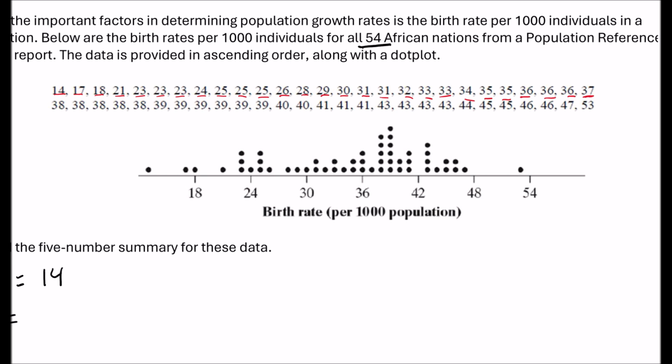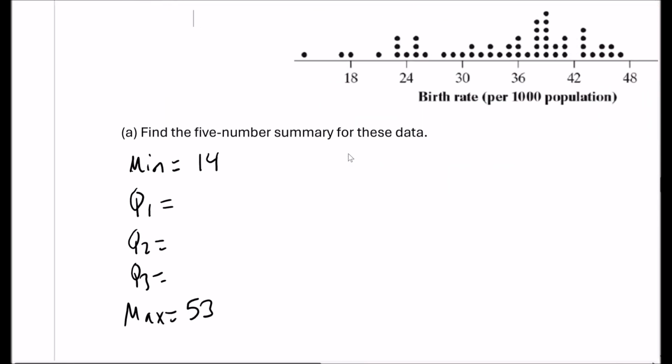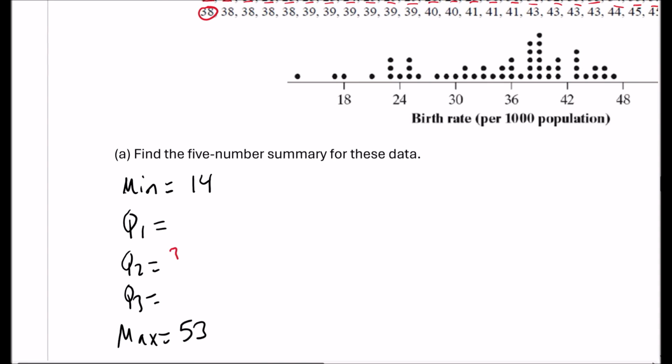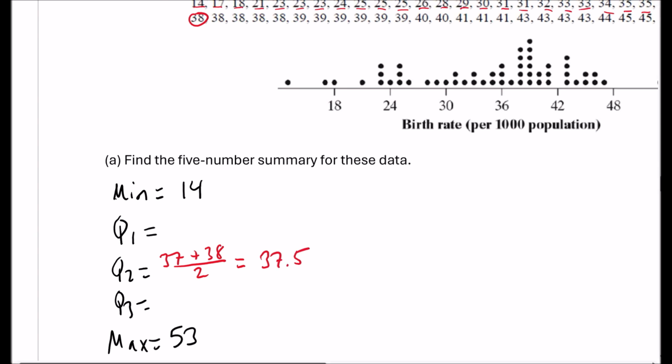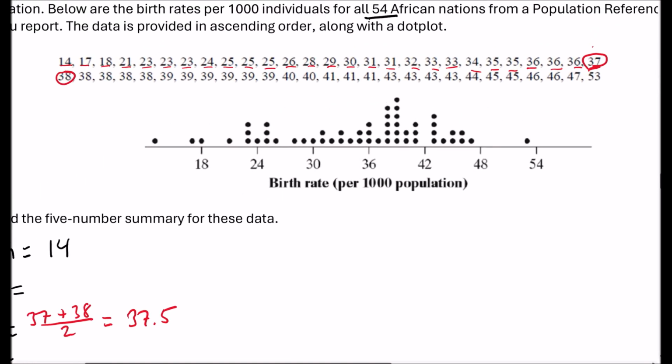This is 27 right here, so that means the median has to be between those two numbers, halfway between 37 and 38. Your median, which is your second quartile, is 37 plus 38 divided by 2. That's 37.5. Now let's do your first quartile.